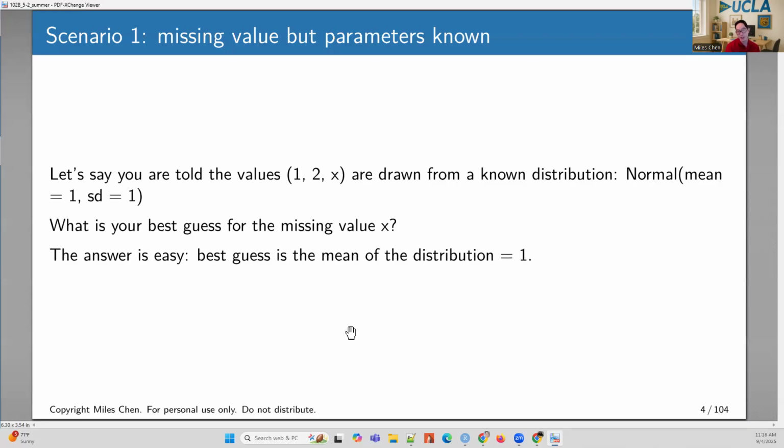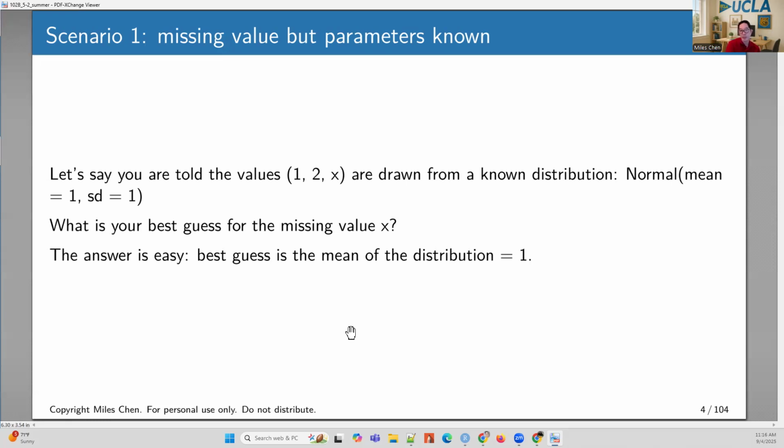In one basic scenario, let's say you have missing values, but you know everything else. So let's say you're given the values 1, 2, and some mystery value x, and we say these values are coming from a distribution with mean 1 and standard deviation 1. What is your best guess for the missing value of x?